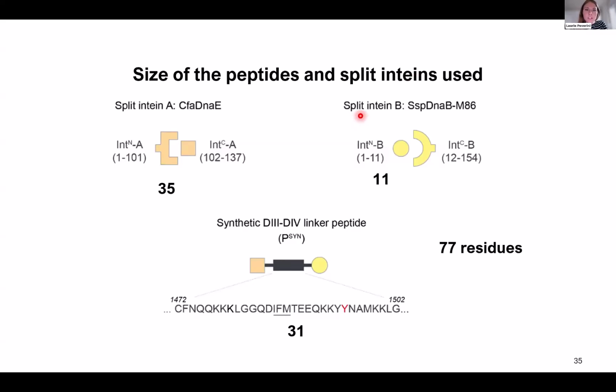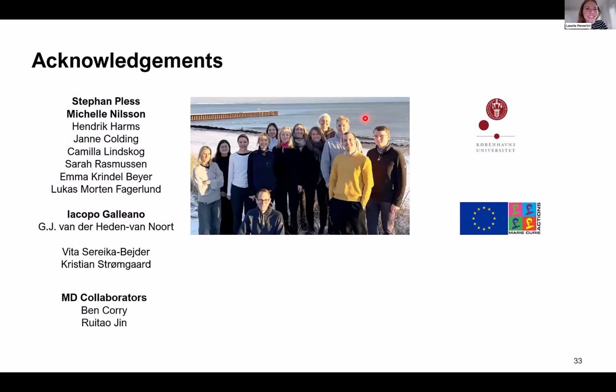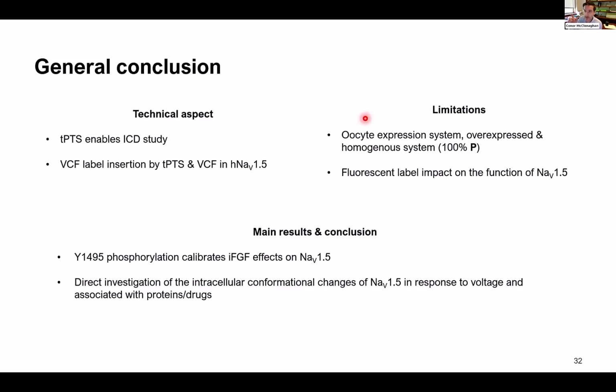This is something to think about before doing the experiments, but then it's possible to design it. There are several examples now on several ion channels that are amenable to this technology, and the splicing is quite efficient. Of course, less efficient than wild-type proteins, but it worked. I don't know if that exactly answers the question. Yeah, that's right, I got it.